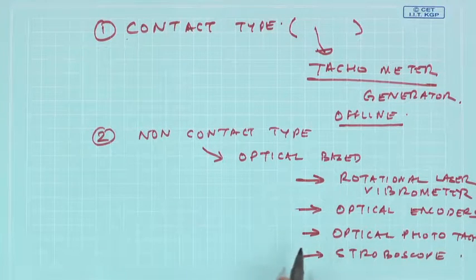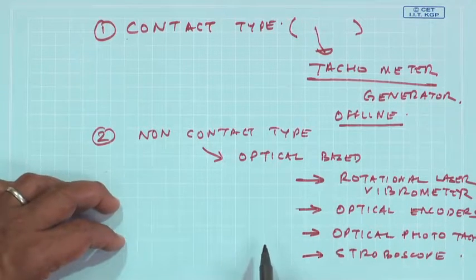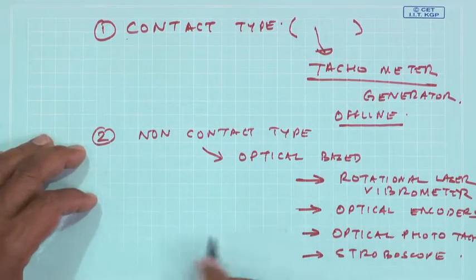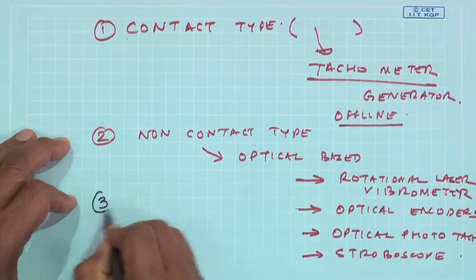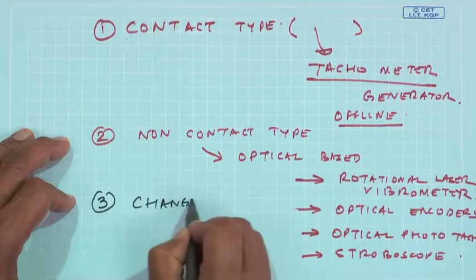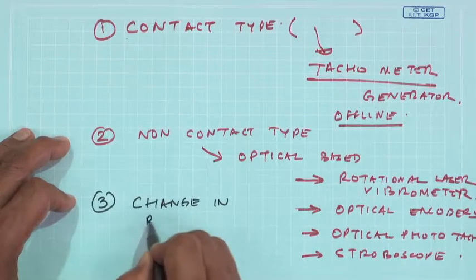So, depending on what kind of instrument you are going to use, on what is the severity and frequency range and so on, but I have still not told you how to measure the change in rotational speed, the momentary change in rotational speed.